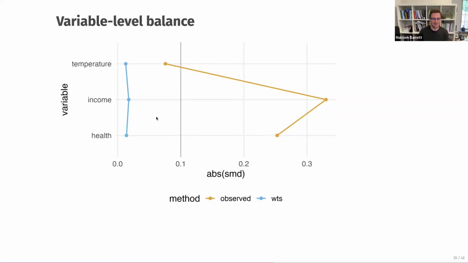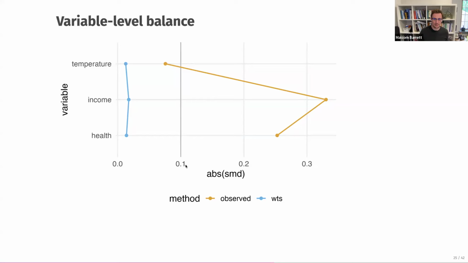And this is named after statistician Thomas Love, who came up with this idea. So that's what we called it in the package, as they're often called love plots. But what we're looking at here is before we weighted this population, temperature seemed to be slightly different between the two groups, people who received nets and people who didn't receive nets. Income seemed to be considerably different, and health too seemed to be pretty different.